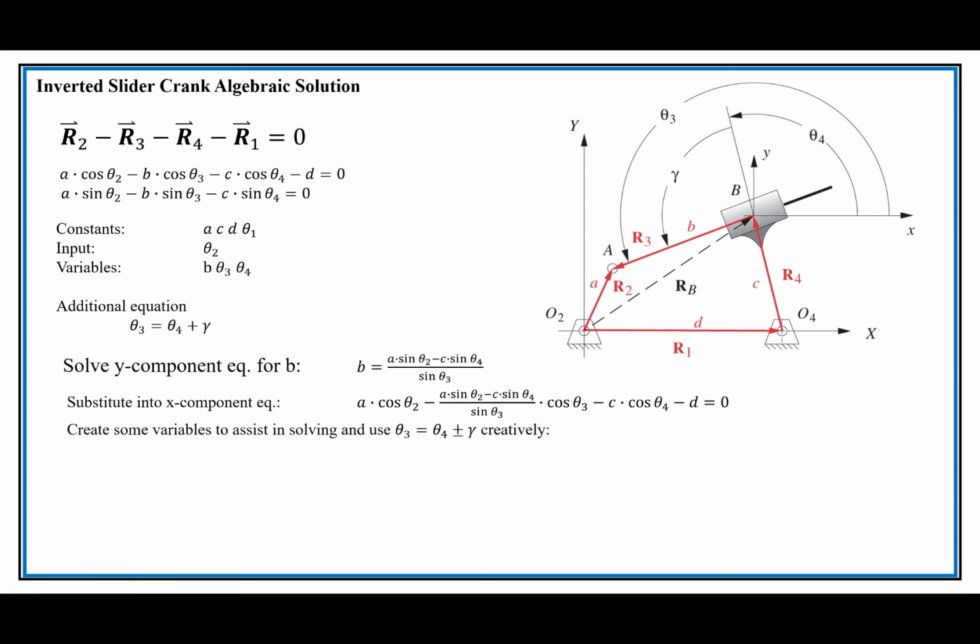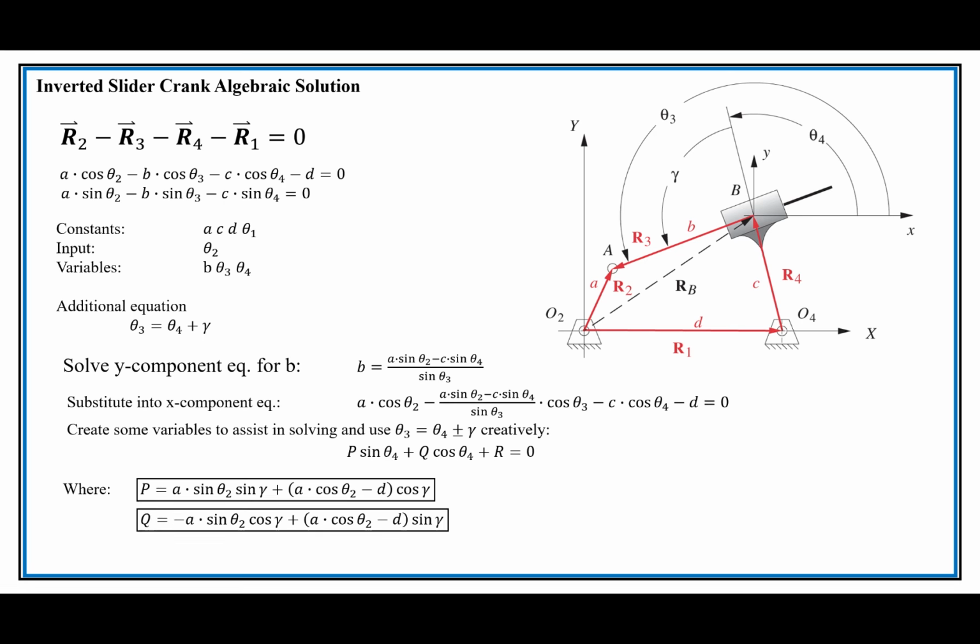We also manipulate a little bit the theta 3 using this relationship, and we're able to get this equation, P, Q, and R, related to sine theta 4 and cosine theta 4. We still aren't out of the woods yet. We still have to get those theta 4s, but we're able to get rid of theta 3.